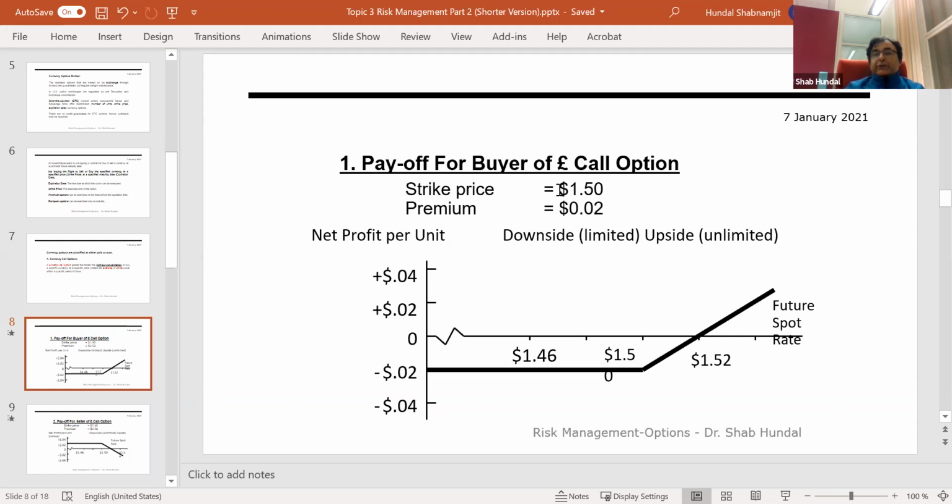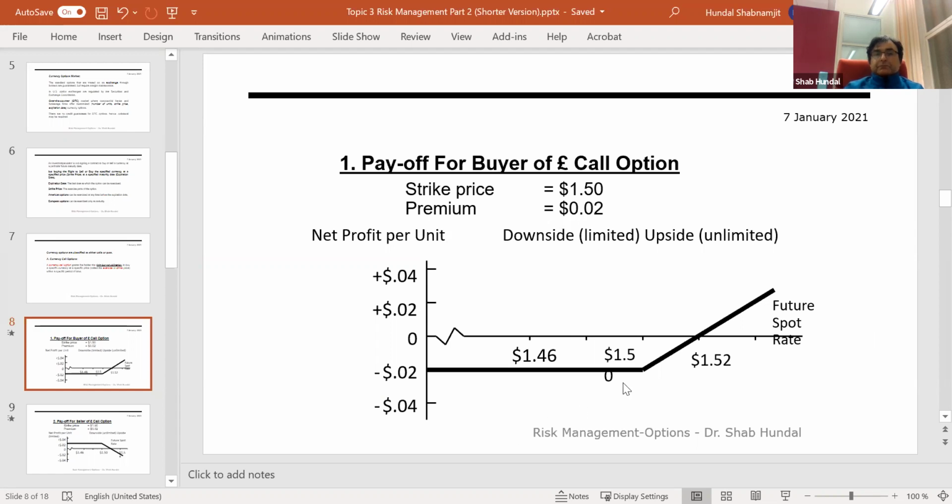Now, this 1.50 you will be paying, if paying, at the end of the contract or before, if it is an American option. But this premium or the price of the option, you pay right in the beginning of the contract. So we use a phrase that you pay the premium upfront. Upfront means right in the beginning, you pay the premium.